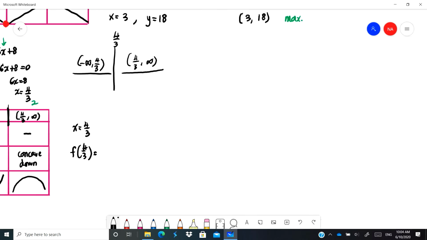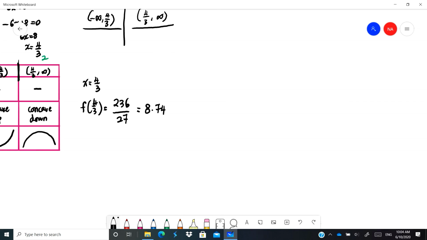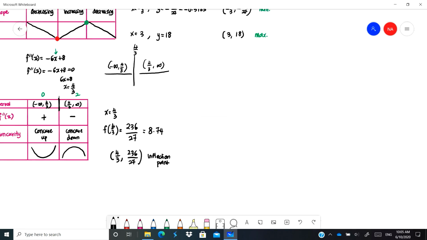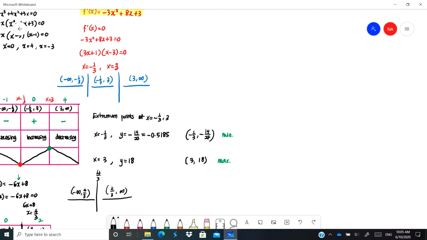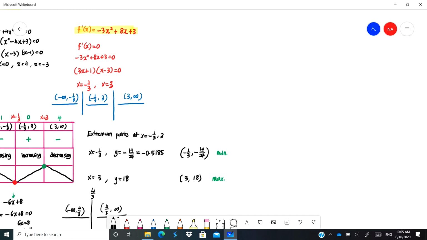The value is actually given by 236/27, or in decimal, 8.74. So the inflection point is given by (4/3, 236/27). To draw this graph, we're going to have all the values first. I'm going to list them.